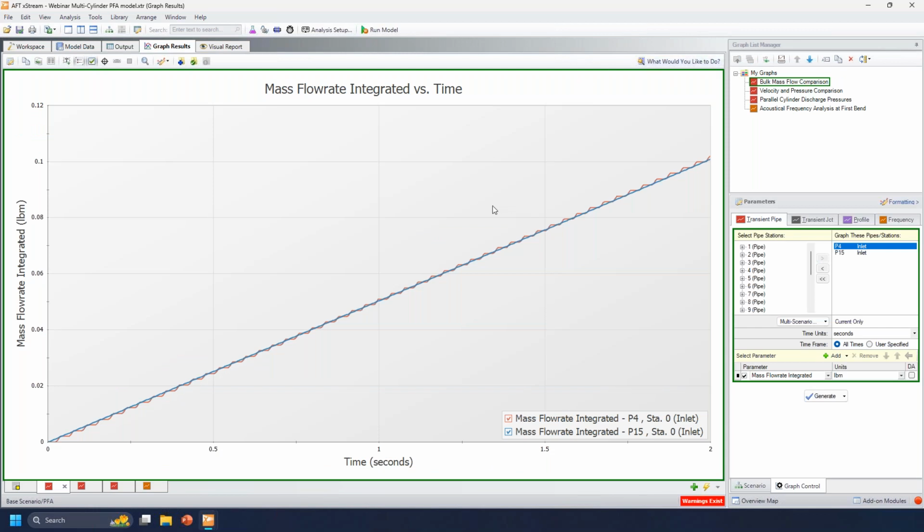And then looking at results, this is the integrated mass flow leaving the compressors, and you can see that they're roughly parallel with each other. So we have succeeded at having the same bulk flow results.